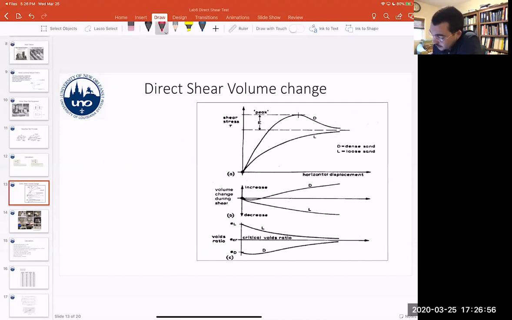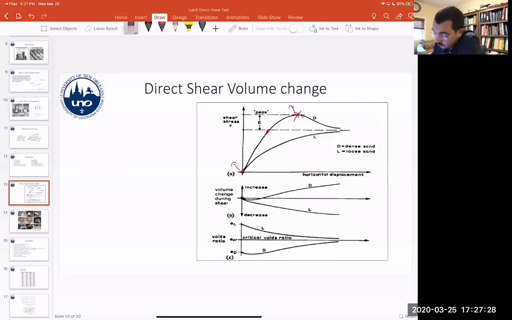Now, this is the horizontal displacement. And you see here in dense sand, it'll increase to a peak. In this whole area, before you get to a peak shear stress, and you'll see that through your data, the interlocking part of the strength is being overcome.